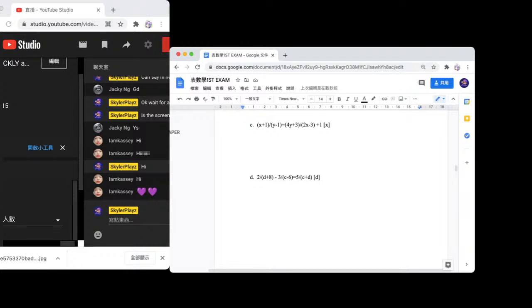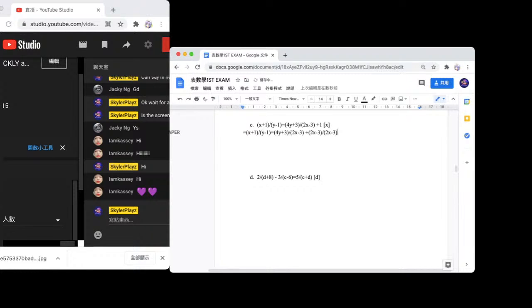For question C, we need to make x the subject, and this is quite difficult because you need to use some extracurricular knowledge to solve this formula changing subject. Okay, first of all, copy it down, and then we can write 1 as 2x minus 3 divided by 2x minus 3. Is that okay?